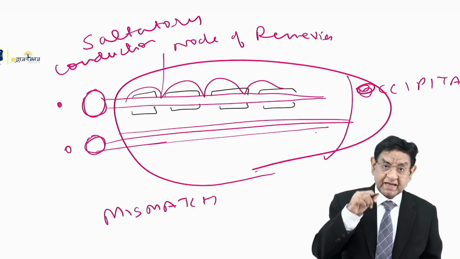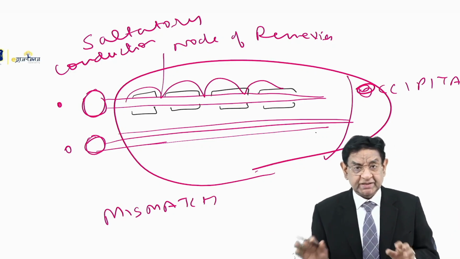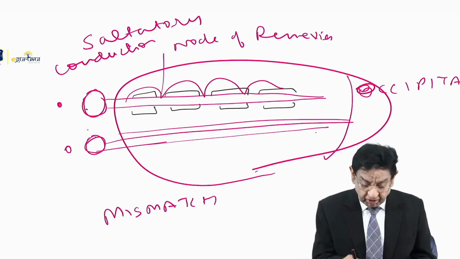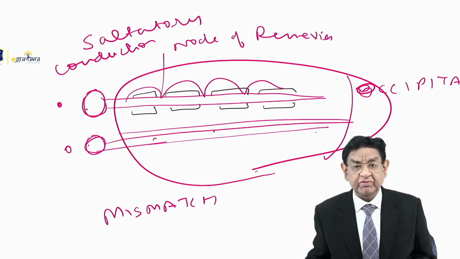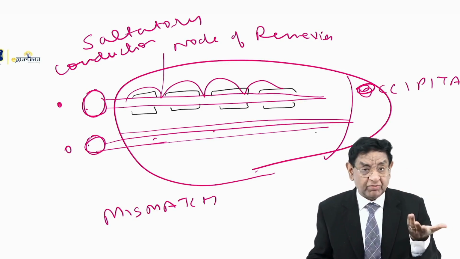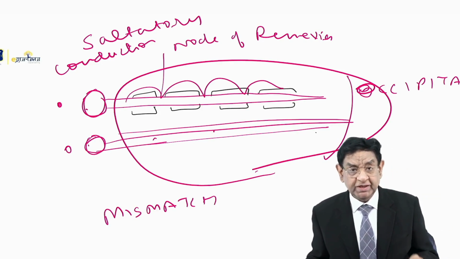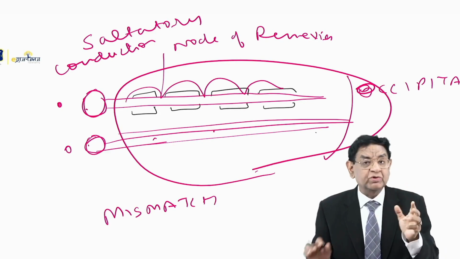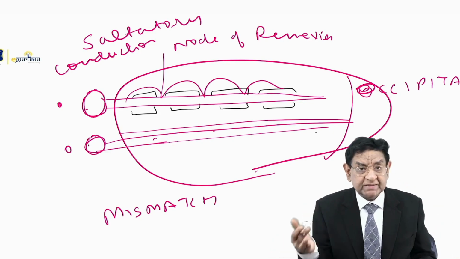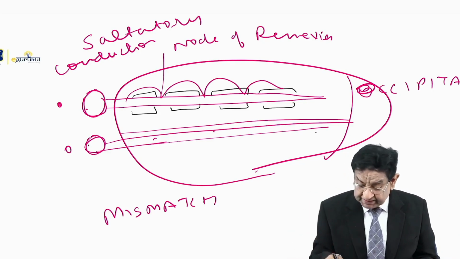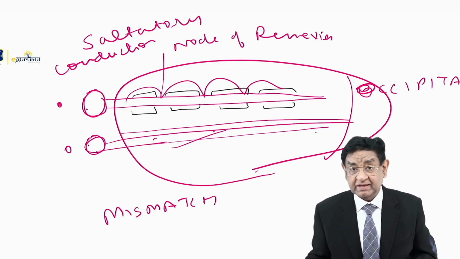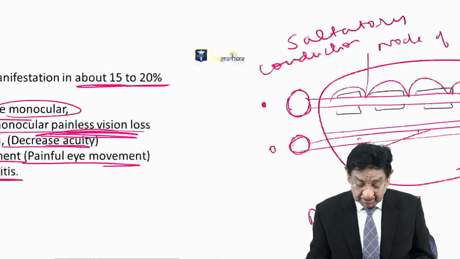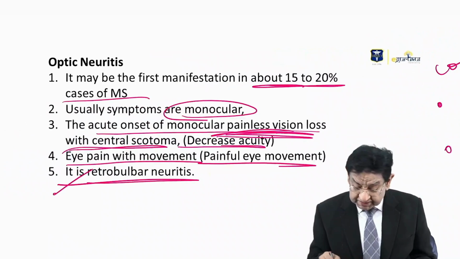The doctor is examining the eyes, he finds no abnormality in the disc, perfectly all right. But the patient has difficulty in seeing because his nerve is not working. So the doctor sees nothing, no abnormality in the eyes, and the patient sees nothing because he has difficulty in seeing, because the optic nerve is damaged. I'll elaborate more about this patient in the coming slide.